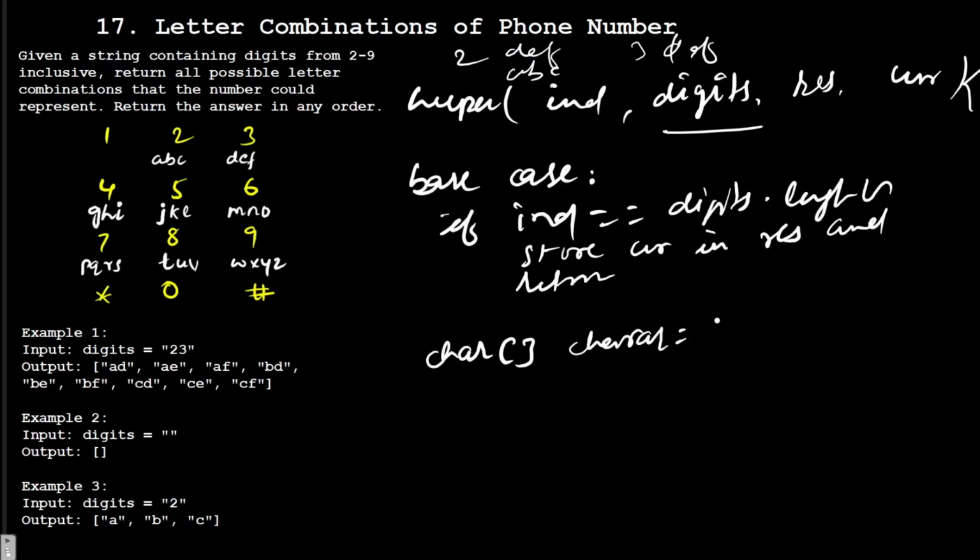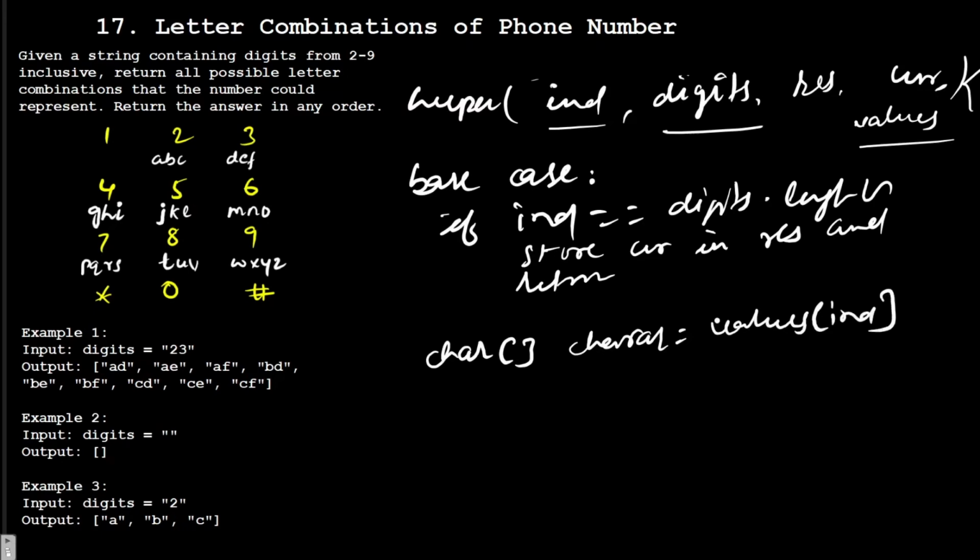So for that we will need a values array, so we have to pass that also. We can pass it here, values. So if we are at any index, we have to find that index and the values corresponding to that. So values index, to char array.